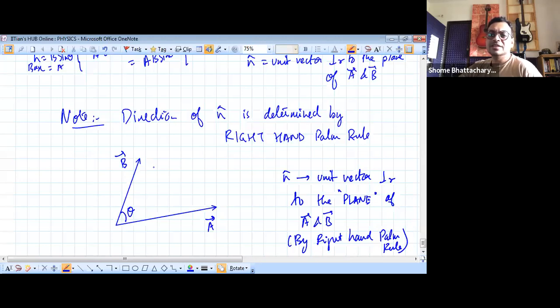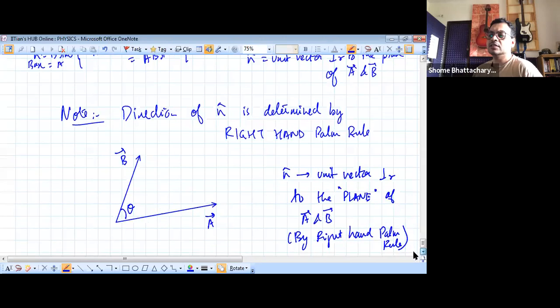Okay. So how do we decide which one it is? To decide whether it is coming out or going in, we use the right hand palm rule. So what is the right hand palm rule? Let's understand the steps.